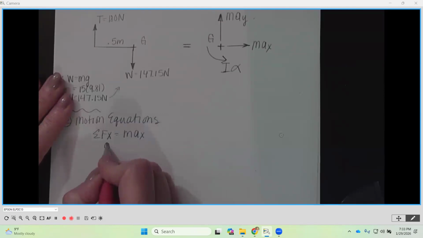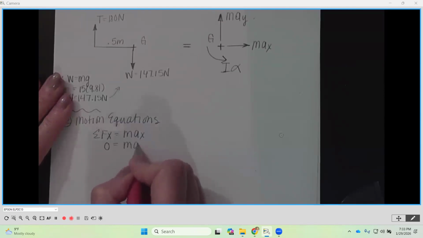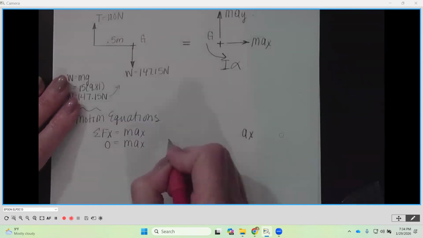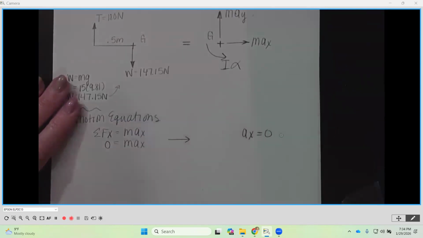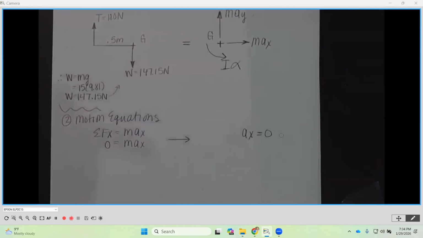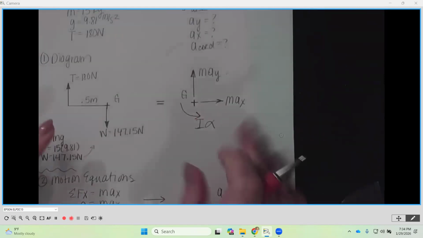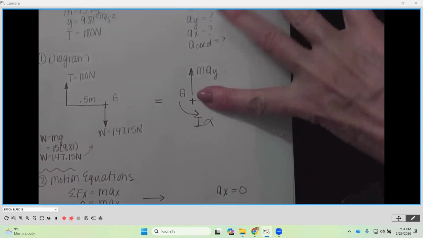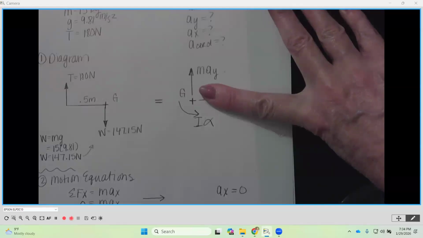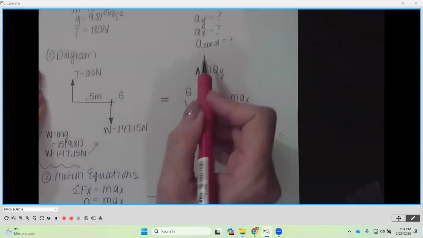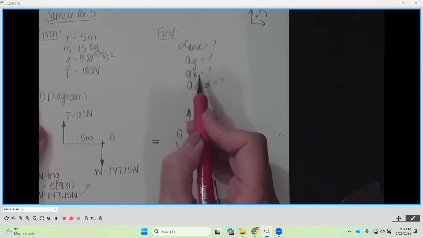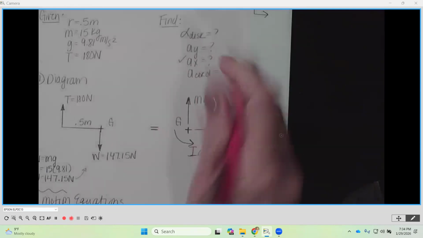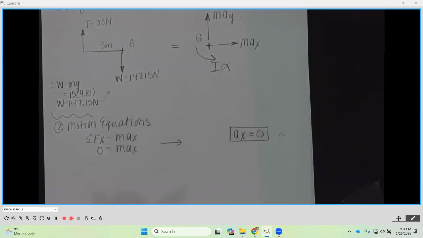So this is going to be 0 is equal to max, which means that our acceleration in the x direction is equal to 0. If I would have been drawing this and you would have noticed there's nothing in the x, you could just leave this off, but it asked for us to find the total acceleration, which x is one of the directions. So this is equal to 0, and this is one of our answers.